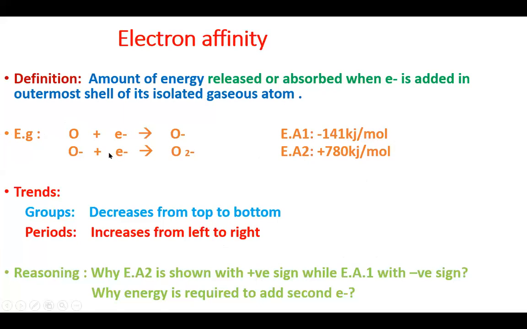But when the second electron was being added, it was added to a uni-negative ion, which has a negative charge. The incoming electron is being repelled by the existing negatively charged particles. In order to overcome this repulsion, some amount of energy has to be given to the system. That's why the second value of electron affinity is shown with a positive sign.